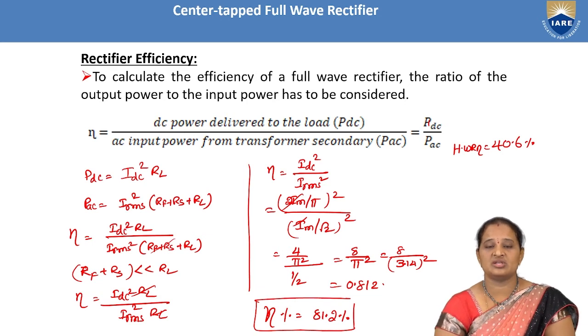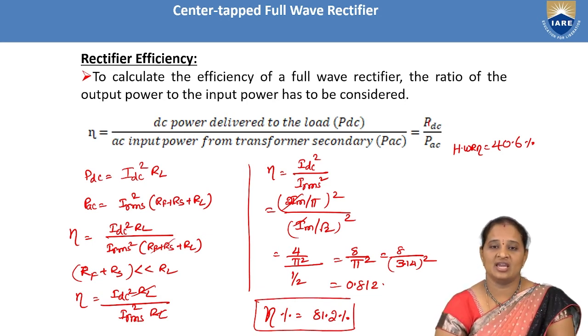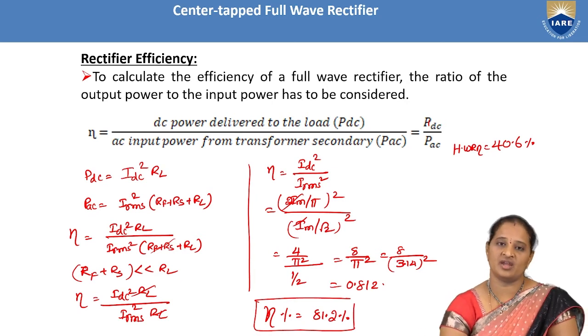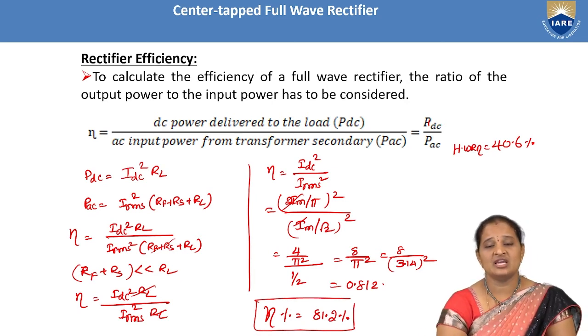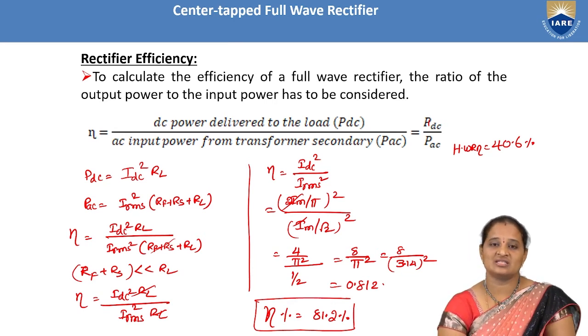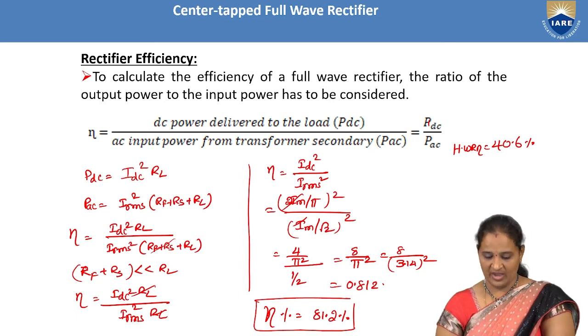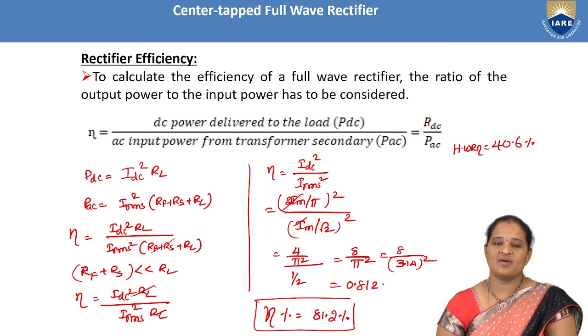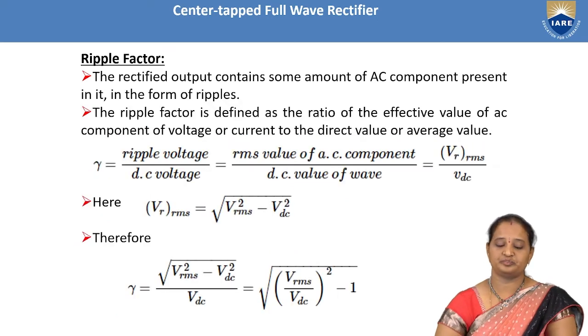Why did the efficiency improve? Because in the half wave rectifier, one half cycle of the input was removed, whereas in this circuit, it rectifies both positive as well as negative half cycles, and hence the efficiency got improved. This is considered to be an advantage of the full wave rectifier.